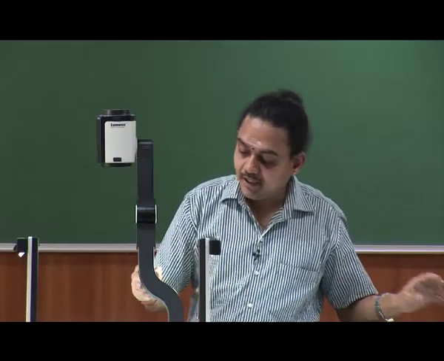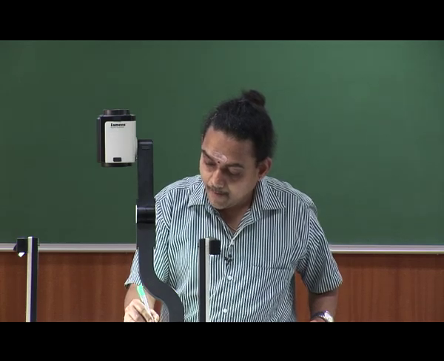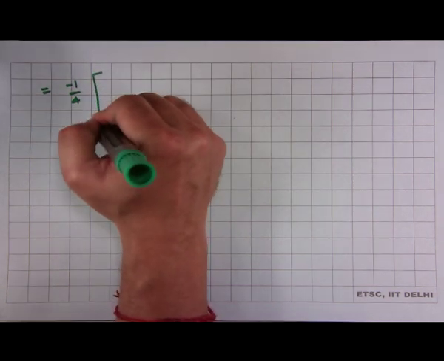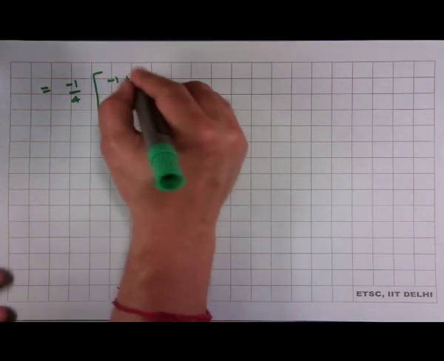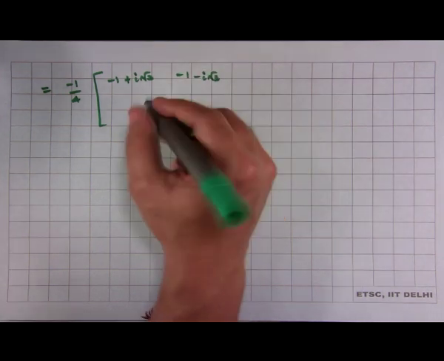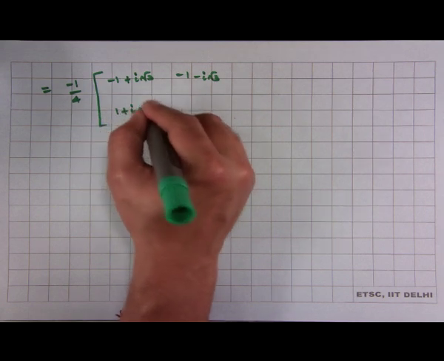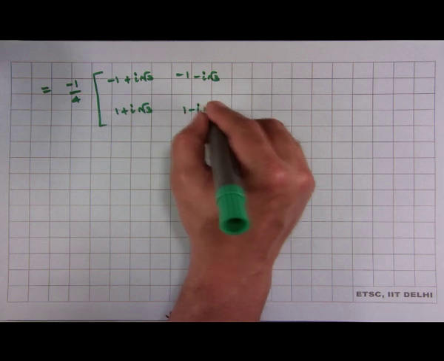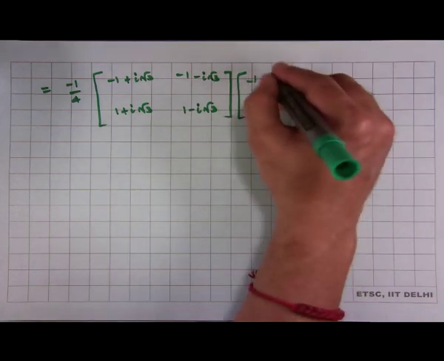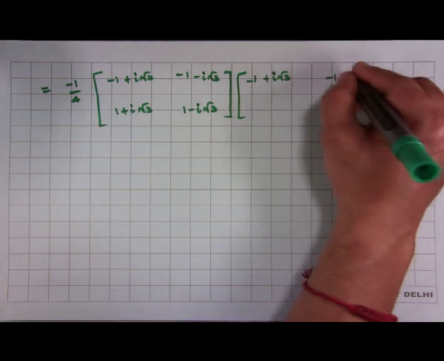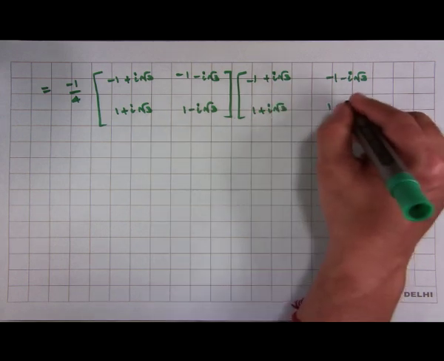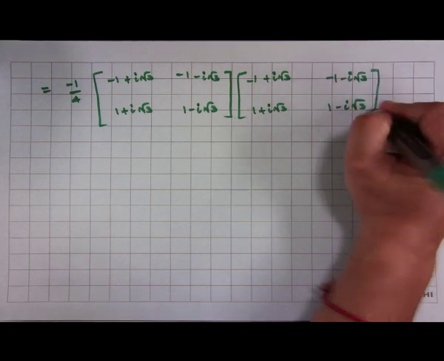So, what you will finally end up here is minus 1 by 4, because i square is minus 1, times the matrix minus 1 plus i root 3, minus 1 minus i root 3, 1 plus i root 3, 1 minus i root 3, into same thing. This is what we have.